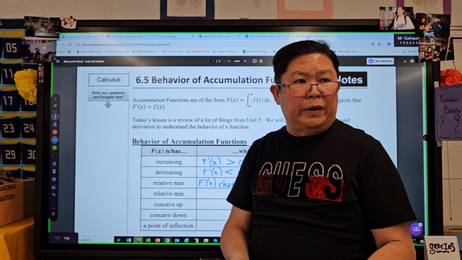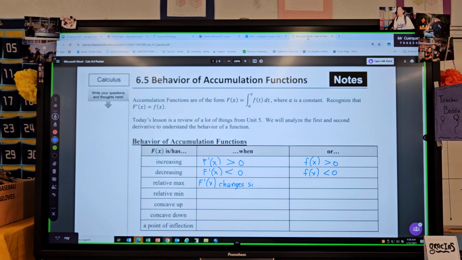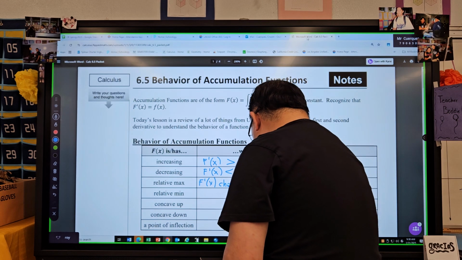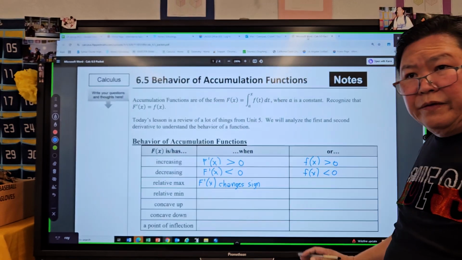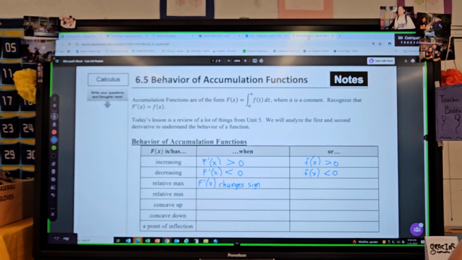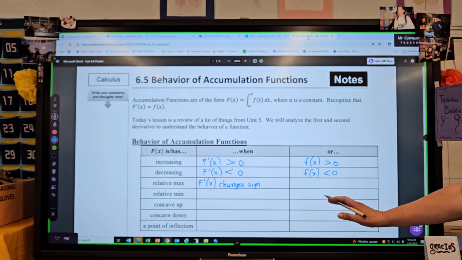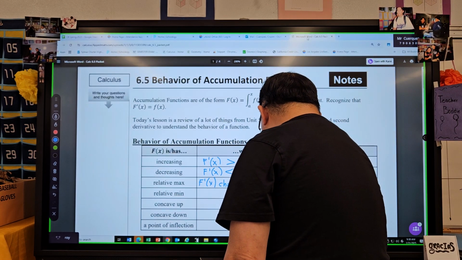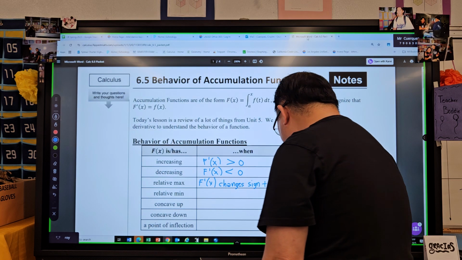So the change of sign is from positive to negative. Can I just write the symbol for positive and negative, not the word, just the symbol? Okay, from plus to minus.